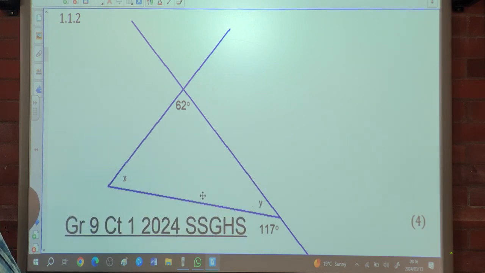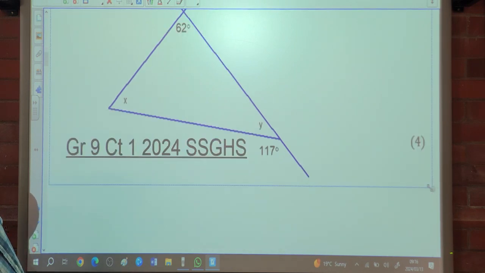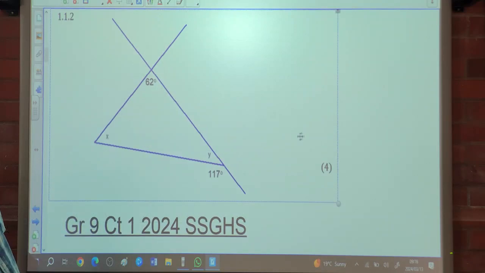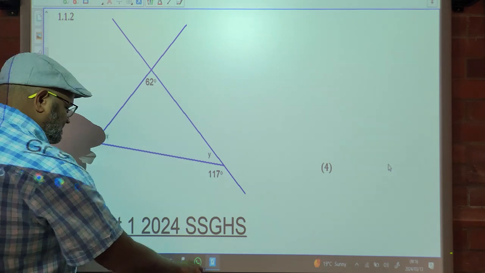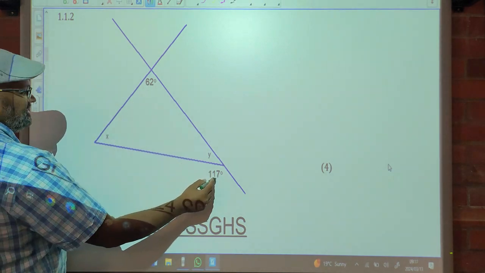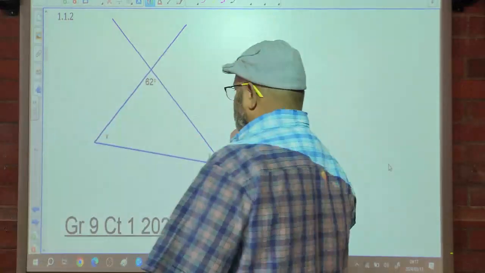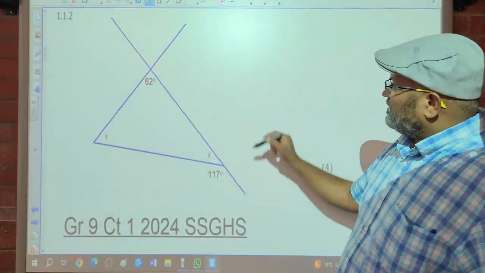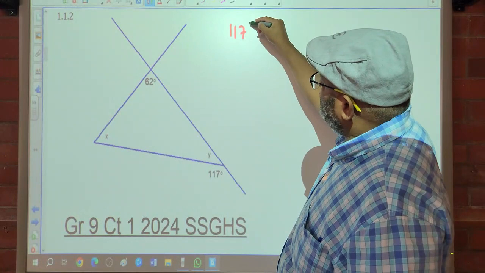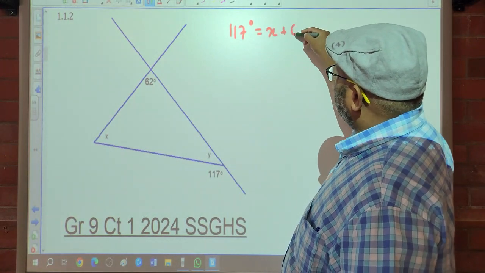1.1.2 for 4 marks. Alright, so to calculate x, I can say exterior angle equals the sum of the two interior opposite angles. Or I could calculate y first and then go sum in triangles. So I'm going to go with exterior angle, so 117 is equal to x plus 62.